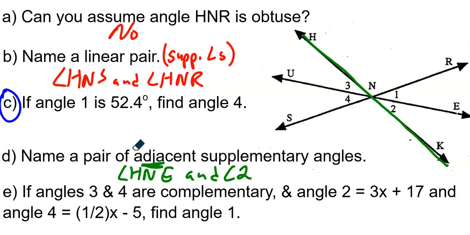Really this question and this question are asking the exact same thing: linear pairs are supplementary angles that are adjacent. And I did say we're going to skip another problem. We are going to skip E right now. E has a combination of what we're doing today and what we did in day 2. So this concludes our notes on the first day of 1-6.